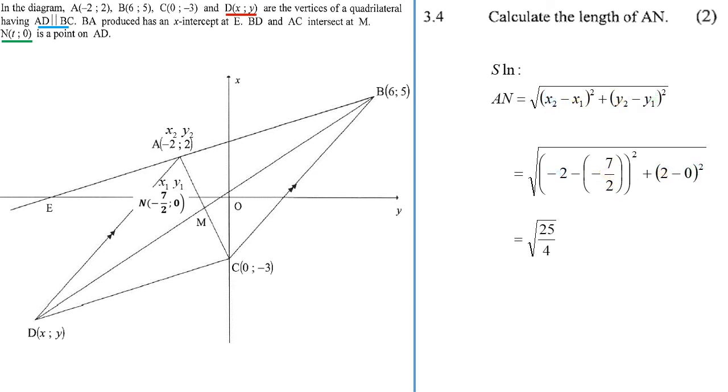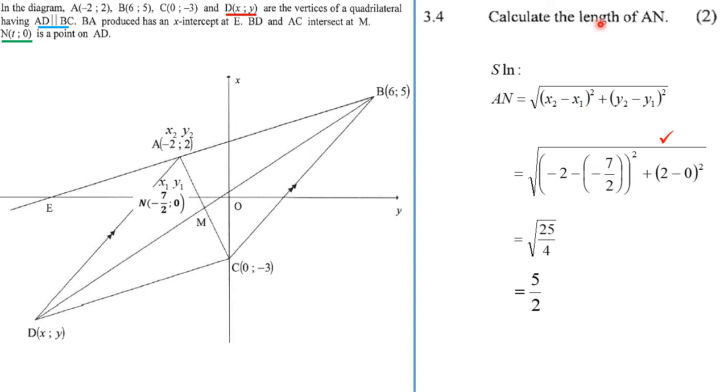Now if you use your calculator, you get the square root of 25 divided by 4, then you simplify it. This will give you 5 divided by 2. That is the distance, which is 2.5 units. 2 marks. How do you get the marks? You get a mark for substituting into the correct formula. The correct formula in this case is the distance formula.